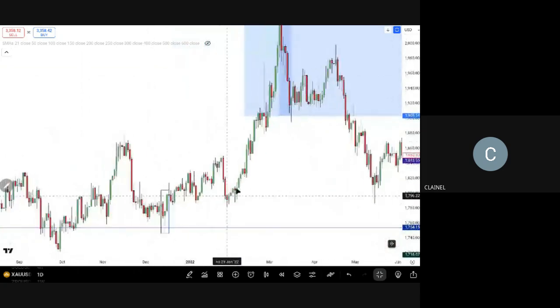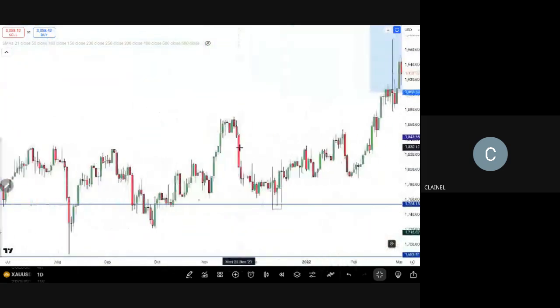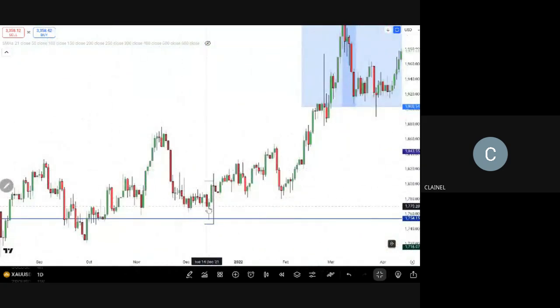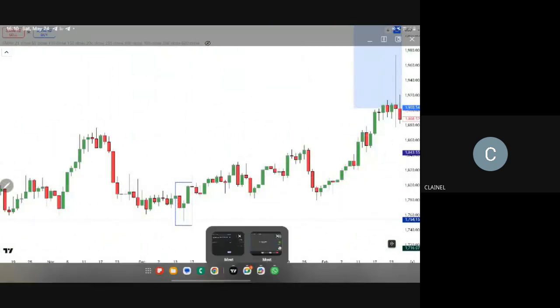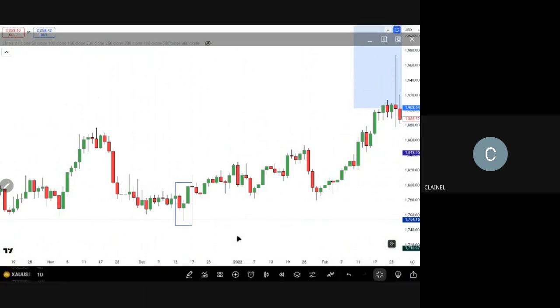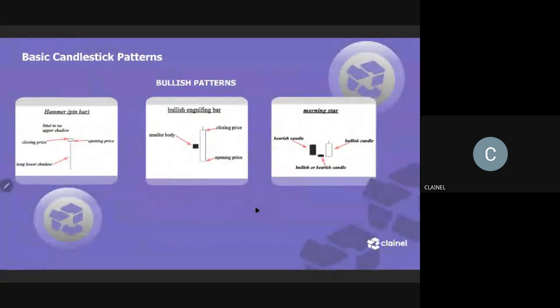shooting morning star. How can you trade your morning star candlestick? These three patterns here, if you can see it clearly, it looks just like the one over here.